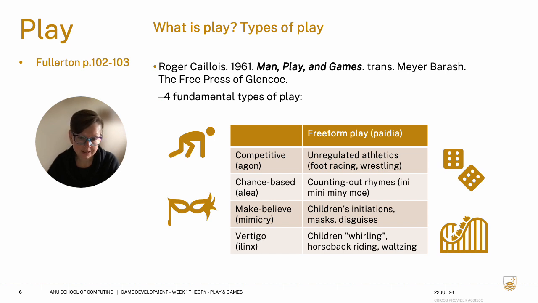Alea is chance-based, so counting out rhymes, eeny, meeny, miny, mo. Mimicry is make-believe. So when children put on masks or dress up or have rituals. And ilinx is a vertigo type experience. So whirling around, horseback riding, waltzing.